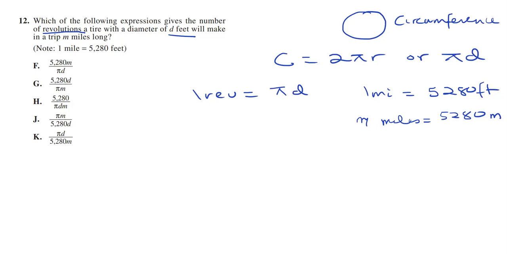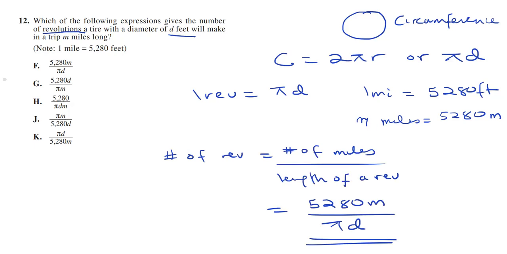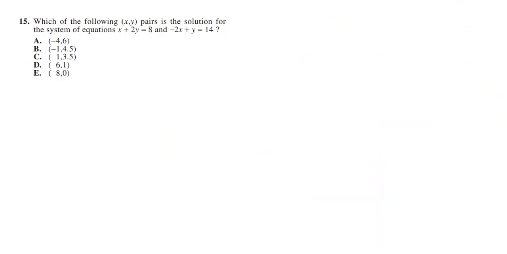So for us to get the number of revolutions, it is going to be the distance divided by the length of a revolution, which is going to be 5,280 m divided by pi d. So that is going to be our answer. Let's go to the next question.